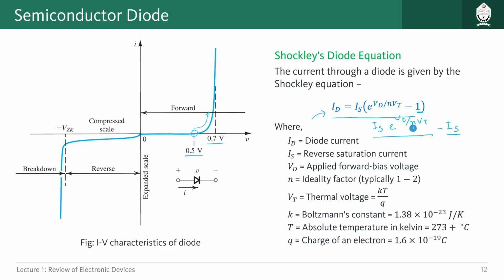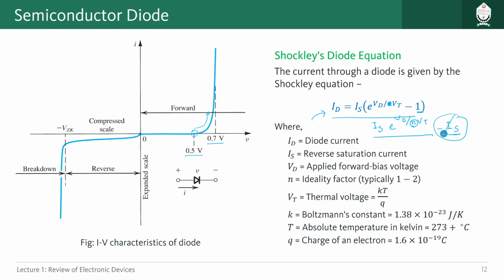This N value is typically 1 to 2, but oftentimes it is approximated as 1. Most of the time we are not using N, and we also omit IS because it is very low compared to the diffusion current.